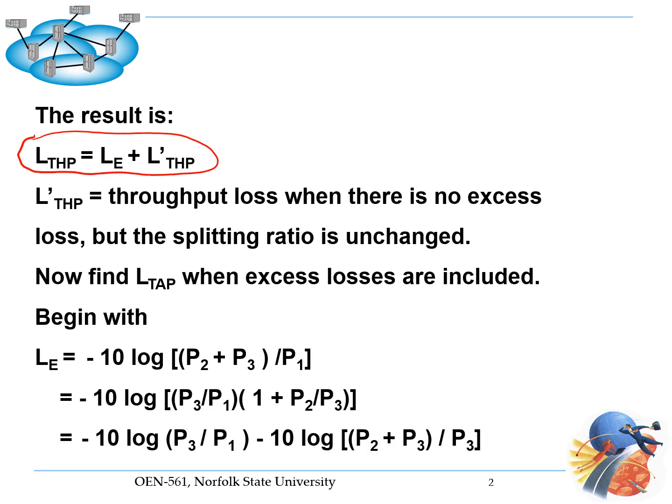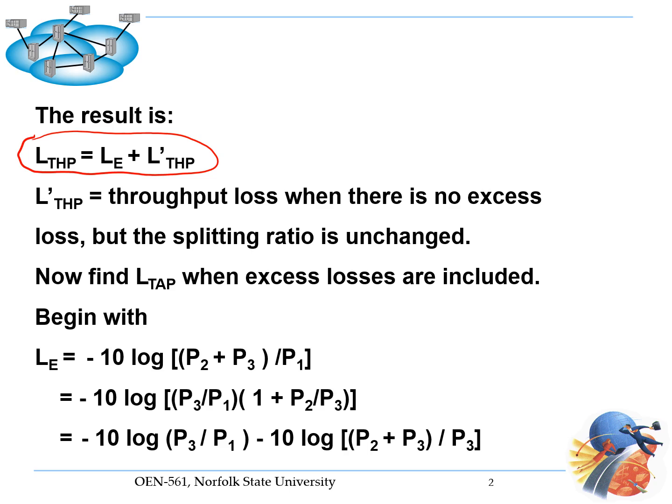That the real throughput port loss, that is the loss when we have internal losses and non-zero excess loss. So for a real coupler, the throughput port loss equals excess loss plus the throughput loss for an ideal coupler. Okay, so ideal L prime is the throughput loss when there are no excess losses, but the splitting ratio remains the same.